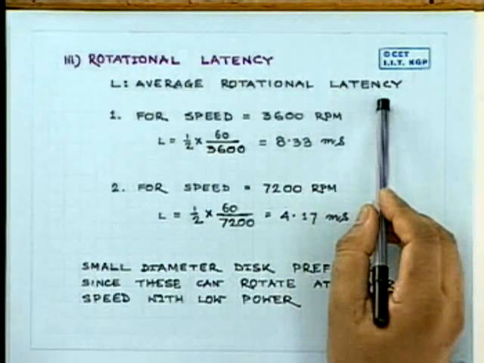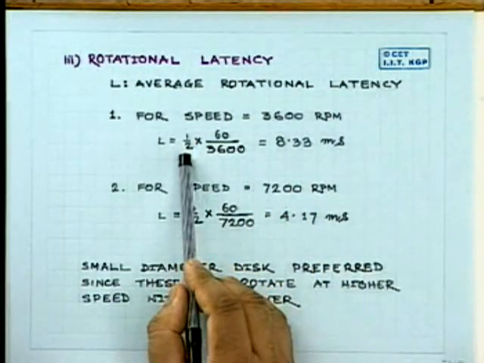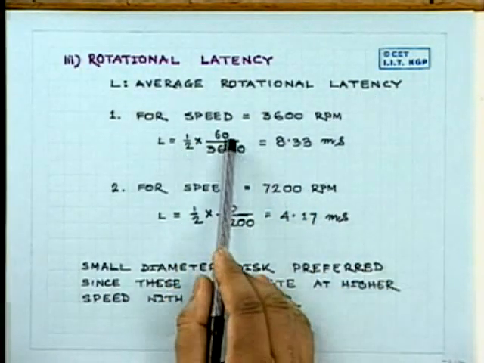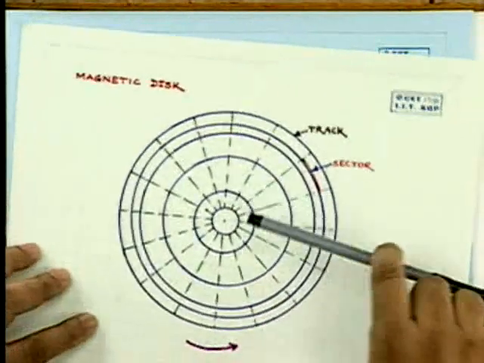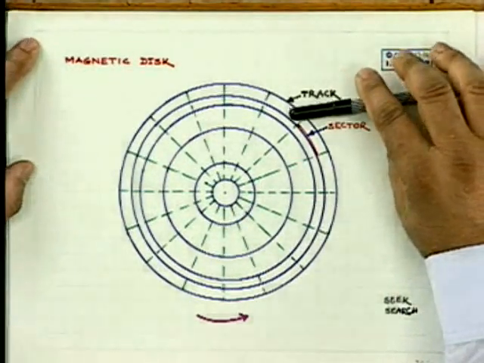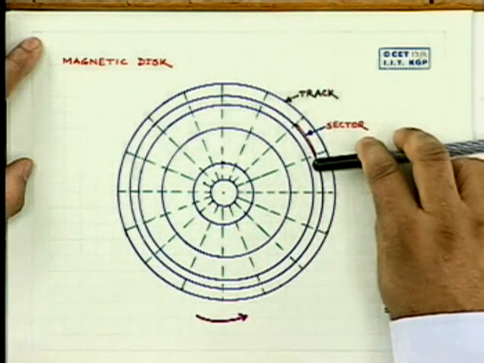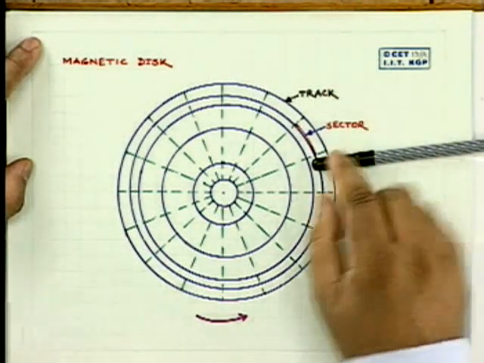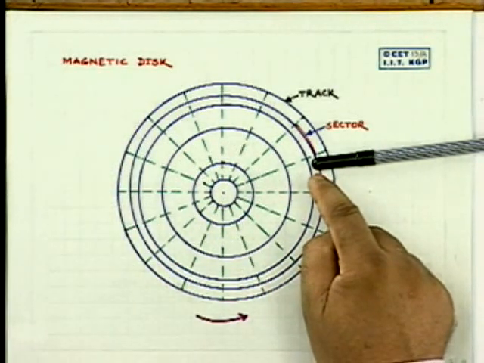Now, the average rotational latency will be half the time of one revolution, because your sector may be right almost under the read head, or it can be just past the read head and has to give a complete rotation before it comes under the read head.